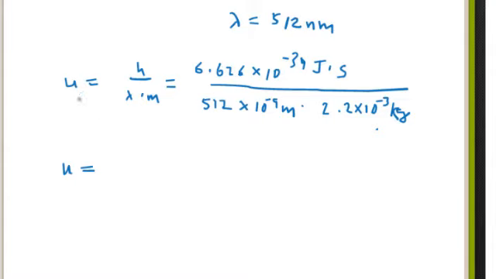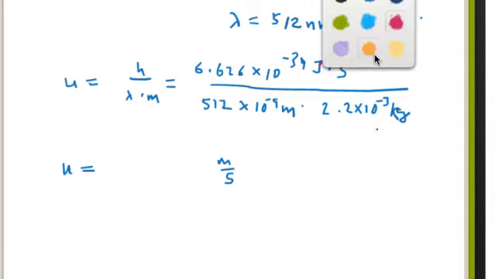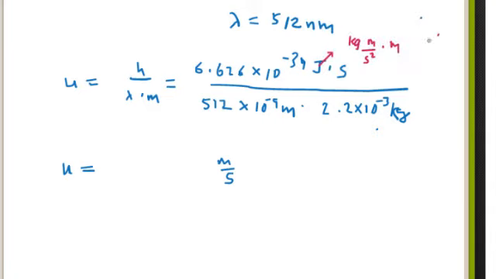We should end up with meters per second, and I could show you that that is the case. We will get meters per second by, let's use a different color here. This joule is equal to a kilogram meter per second squared times a meter. So we're getting rid of one of the seconds by multiplying it by the seconds.